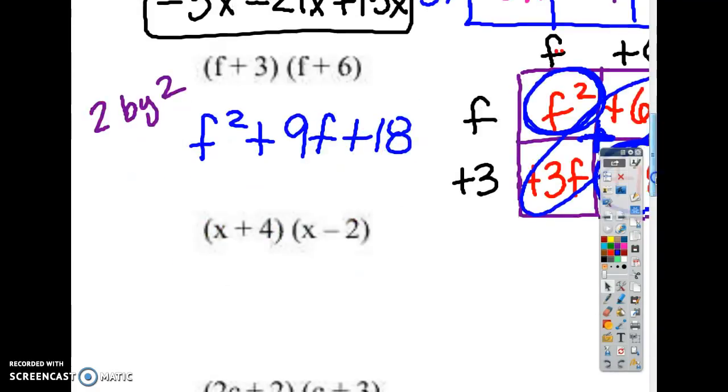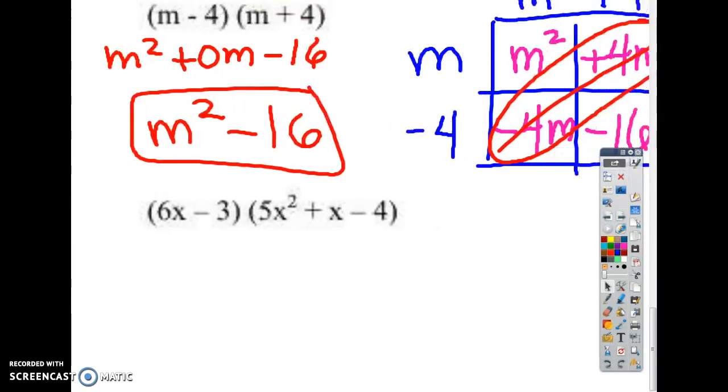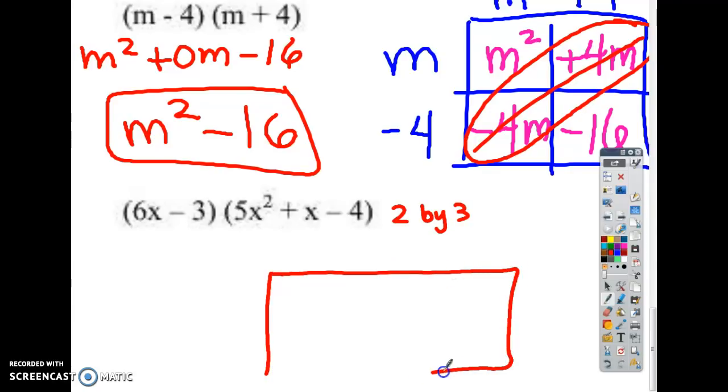And then the last one, this last one at the very bottom, is a 2 by 3. Write that down. It's a 2 by 3. So you need 2 on one side and 3 on the other side. 2 and 3.